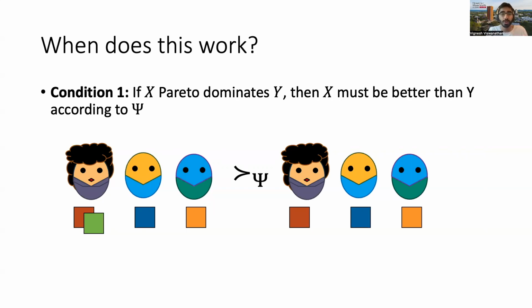For those who are unclear about Pareto dominance, it essentially says that each agent is better off under X than in Y, but one of the agents is strictly better off in X than in Y. So there has been no harm done to any of the agents in X when you compare it to Y. Essentially, condition one says that the justice criterion needs to be consistent with Pareto dominance. That's reasonably straightforward and not an unreasonable condition to have.